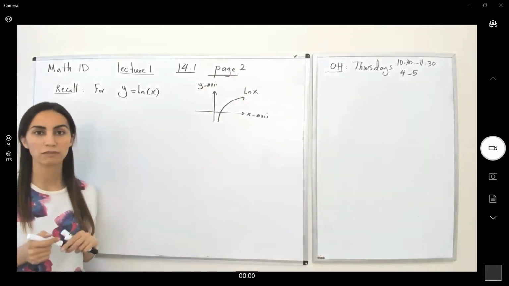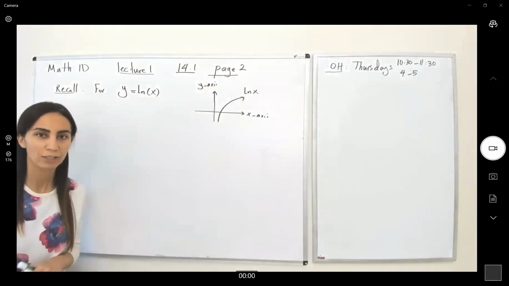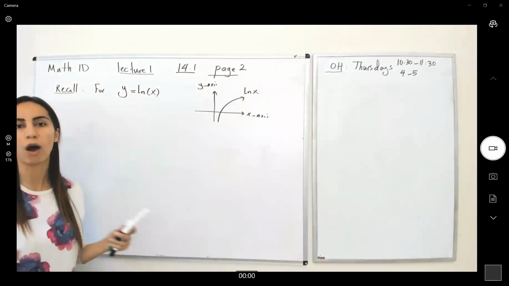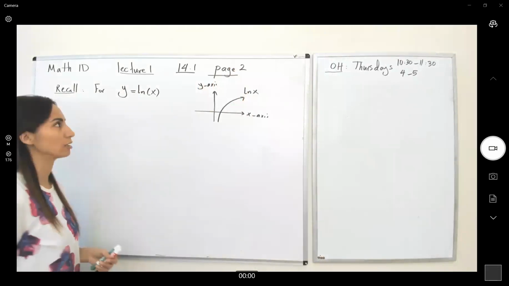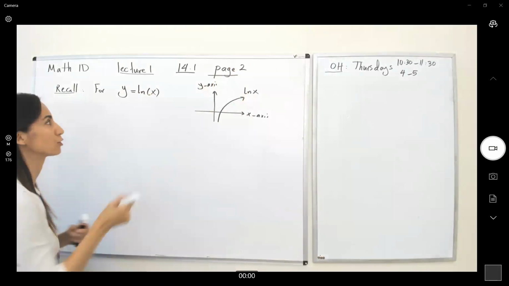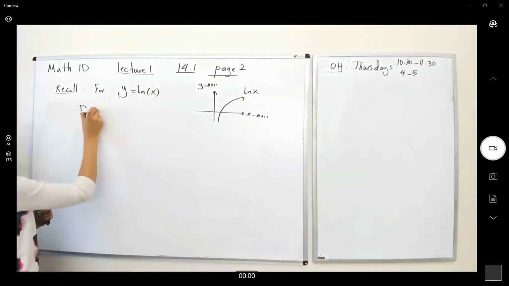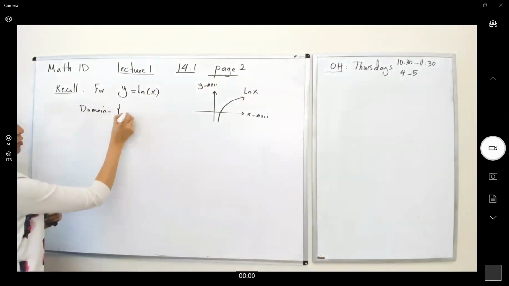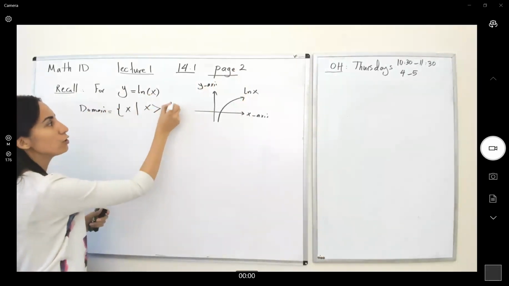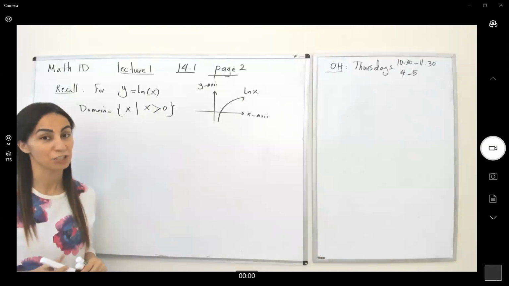So the domain of this function is all values greater than 0. If you have any other quantity, any other function, like function g, you set that function greater than 0. So the domain is the set of all x values such that x is greater than 0.